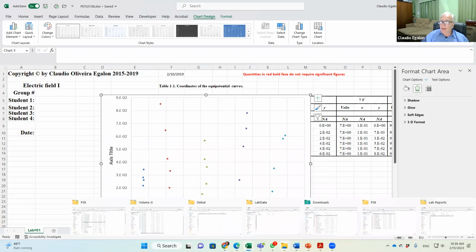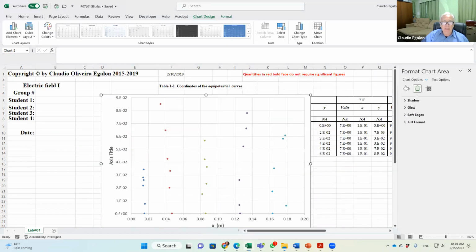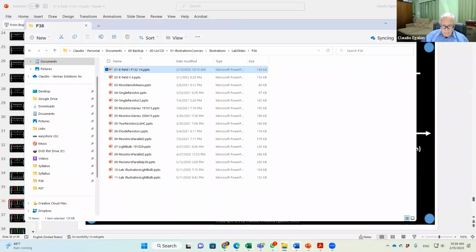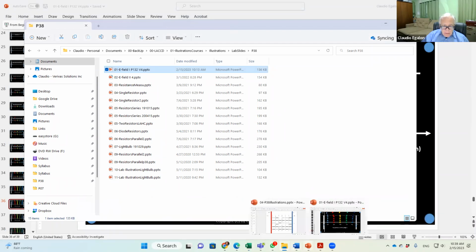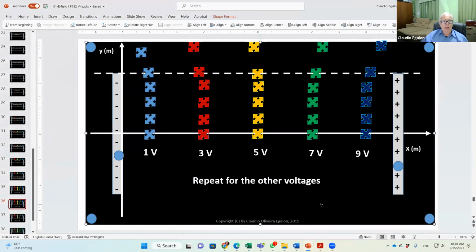So this is real life data points obtained from a real life experiment, a real life graph. What are you going to do next? There are 2 graphs that you have to do. That's the first one, the most difficult of all the graphs.